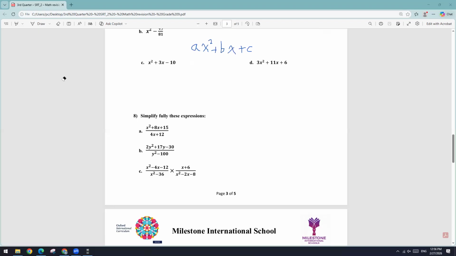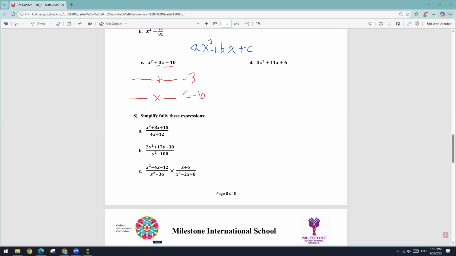What do I have to do? I should think of two numbers. If I add them, it's equal to 3. If I multiply them, it's equal to minus 10.